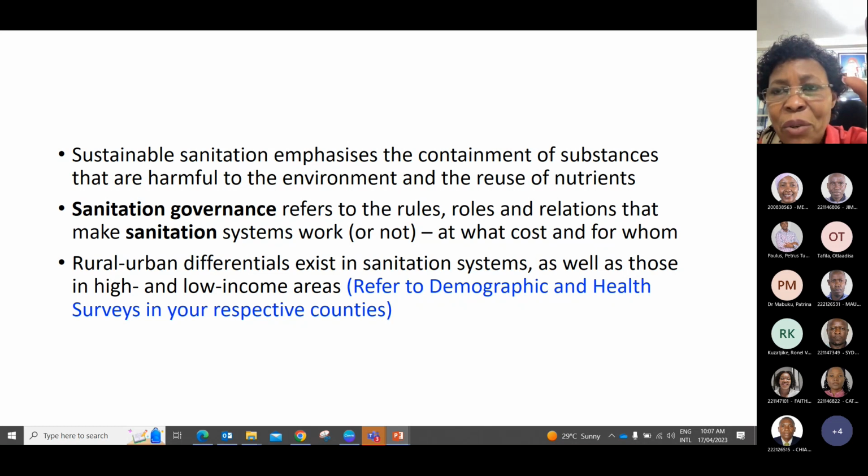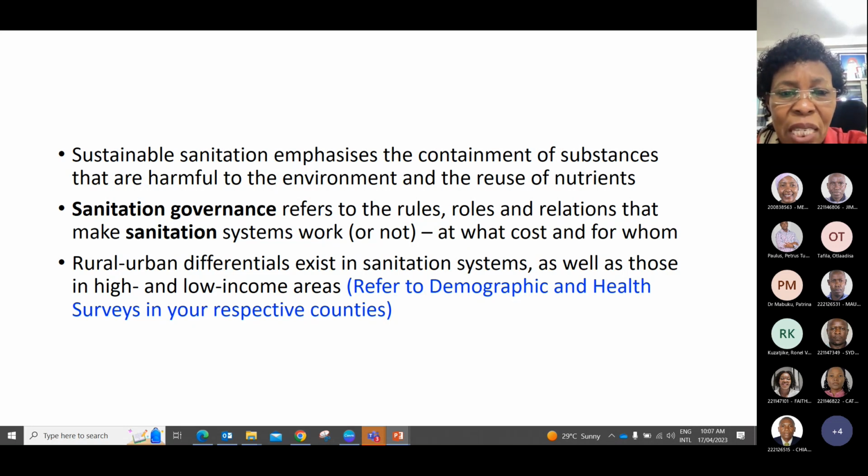There are rural-urban differentials with regards to sanitation systems. So the rural-urban differentials exist, but also the income status differentials exist.